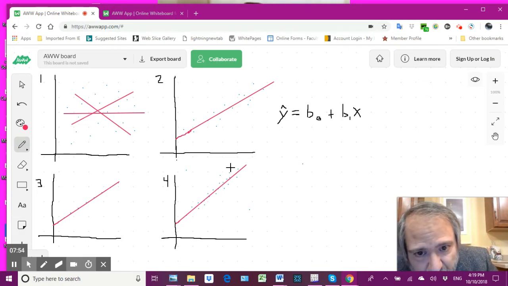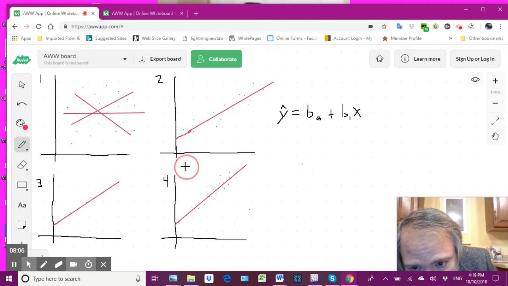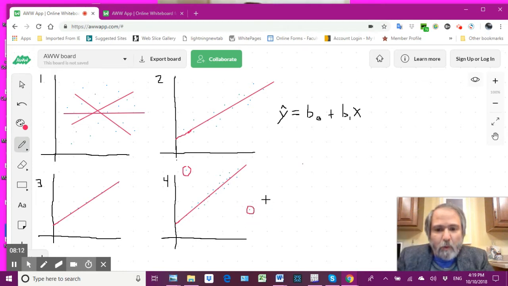Number 4 here is very similar to number 2, except that there's a tighter clustering of the data around the regression line, except for a point here and a point here. So what do we do with those?